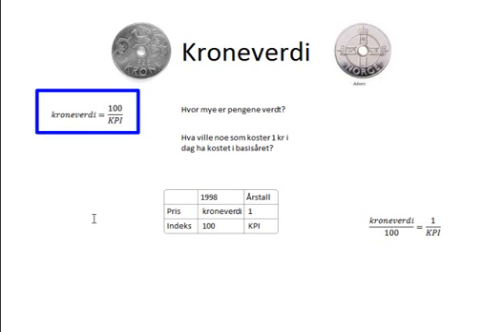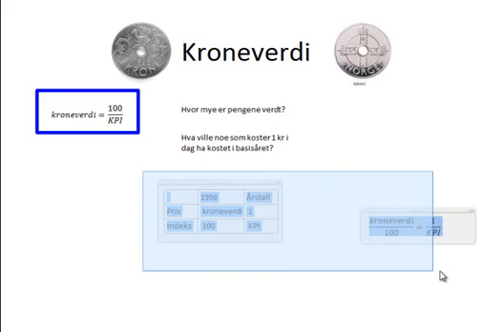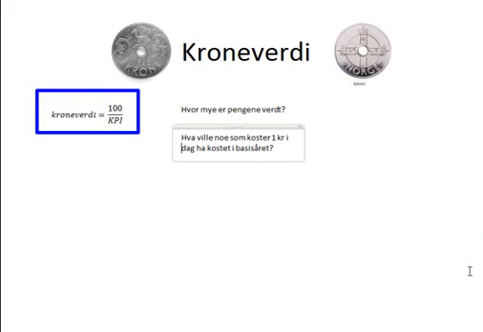Sometimes we know the kroneverdi, but we want to calculate the consumer price index. Of course, we could do that from the formula we have here, but I'm going to try and find it from the table. But then I need a new table, so I'll just remove the old one and add a blank one.